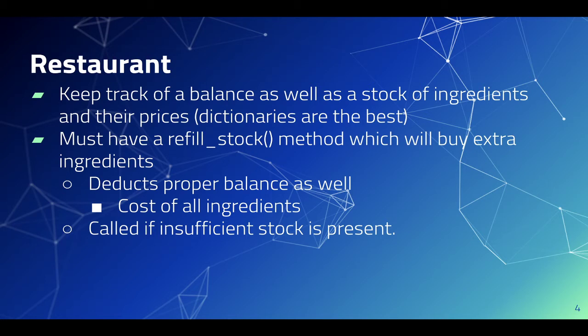So you can do this using the different attributes of the different classes, which is one way how these classes interact with each other. And we obviously want to call this refill stock whenever there's an insufficient stock of an ingredient. So if you're iterating through the ingredients and you find that the restaurant doesn't have enough stock of that ingredient, then you would have to call the refill stock method and buy it, essentially.